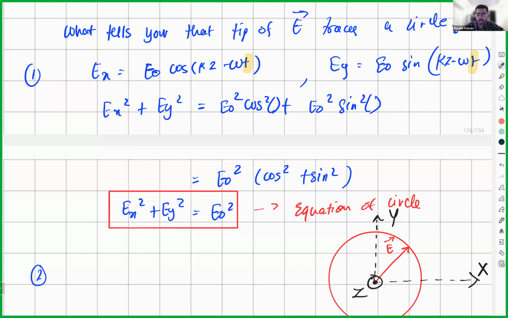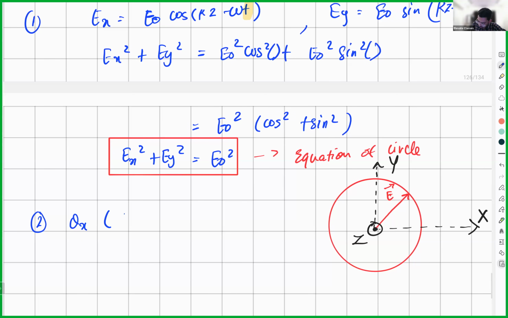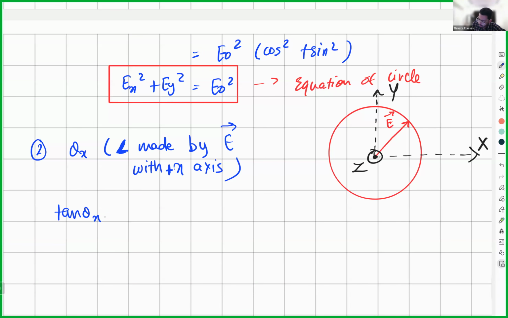Theta x is the angle made by the electric field vector with respect to the positive x-axis. So now tan of theta x can be written as Ey by Ex.